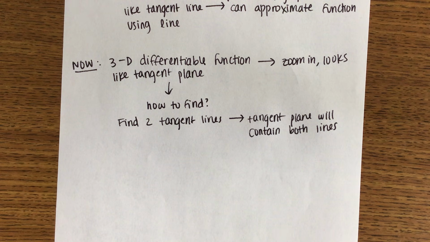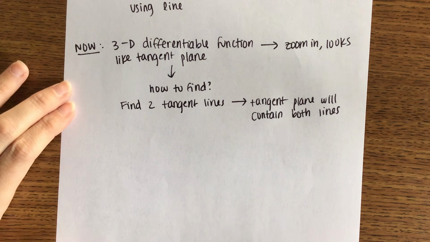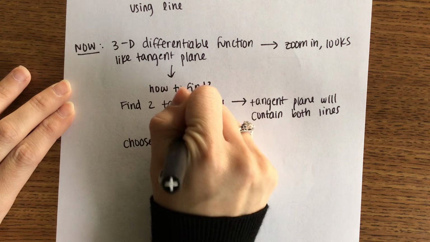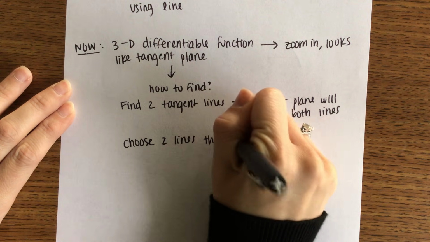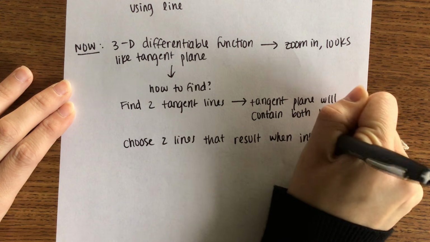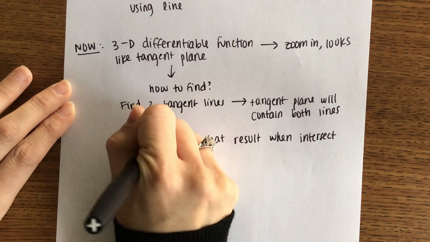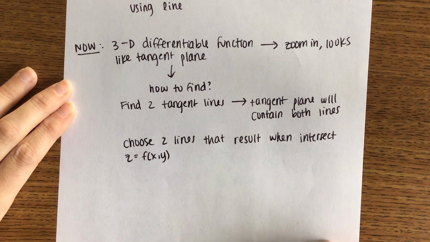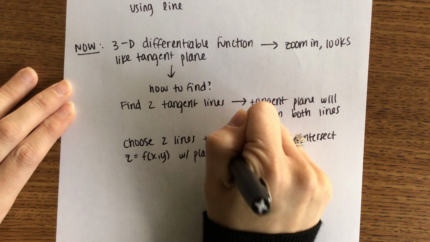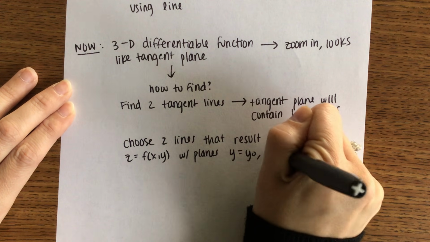We talked about when we looked at limits, there are infinitely many paths that approach that limit or that point. There are infinitely many tangent lines, but there are two that are going to be the most efficient for us to find. We are going to find the two lines that result when we intersect our function, which I'm going to call z equals f of x y, with the planes y equals y naught and x equals x naught.